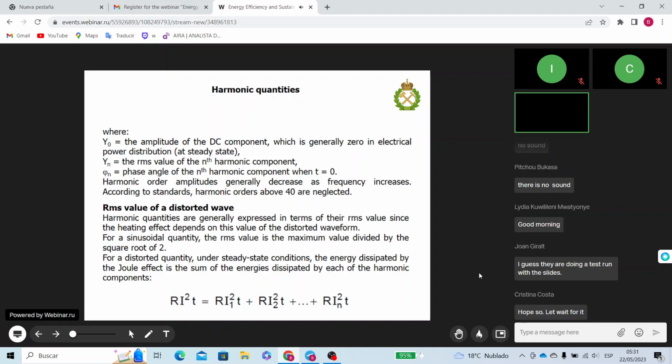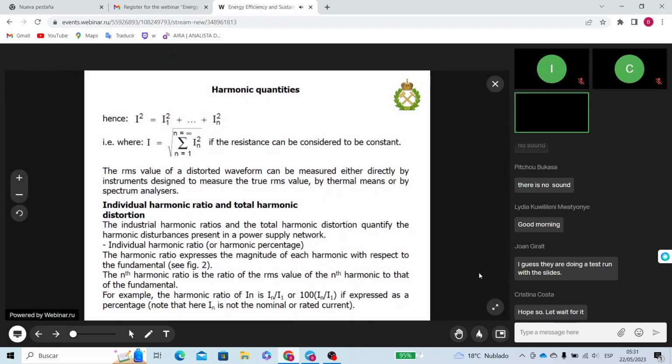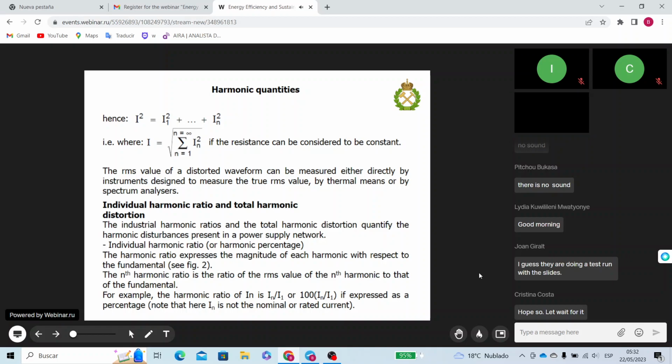After the 40th order, harmonics are neglected. And also we can calculate the RMS value of any distorted wave by means of some expressions. Here you may see an example of such an equation, and we can calculate harmonic current and voltage harmonic in our power supply systems.